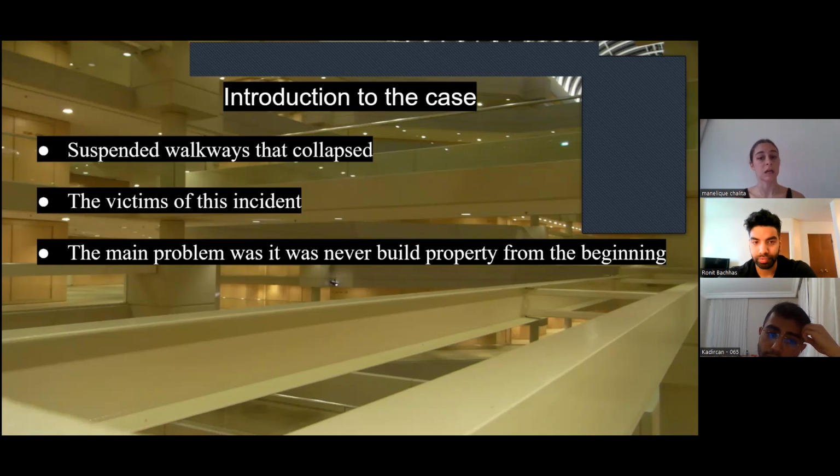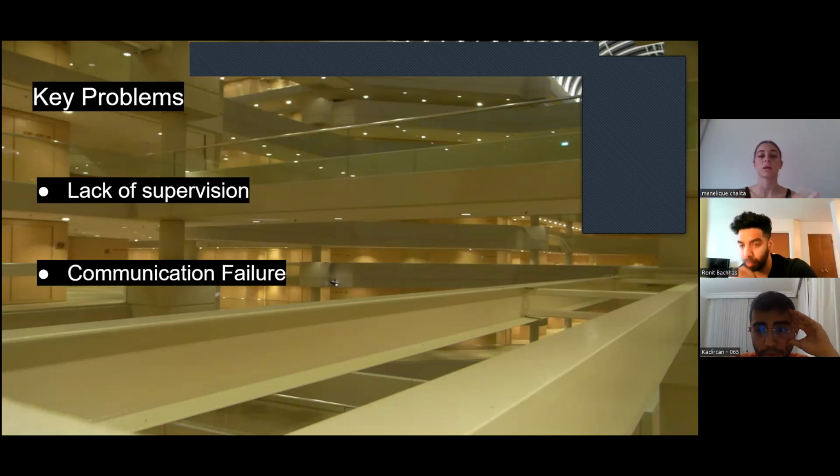During this case study, we will be going more in depth in these aspects to educate ourselves on this incident. With further investigation, they discovered that before the disaster happened, there had been more failures detected in the hotel, which is something that we're going to be looking at shortly. So my group mate, Khadir, is going to continue with the key problems.